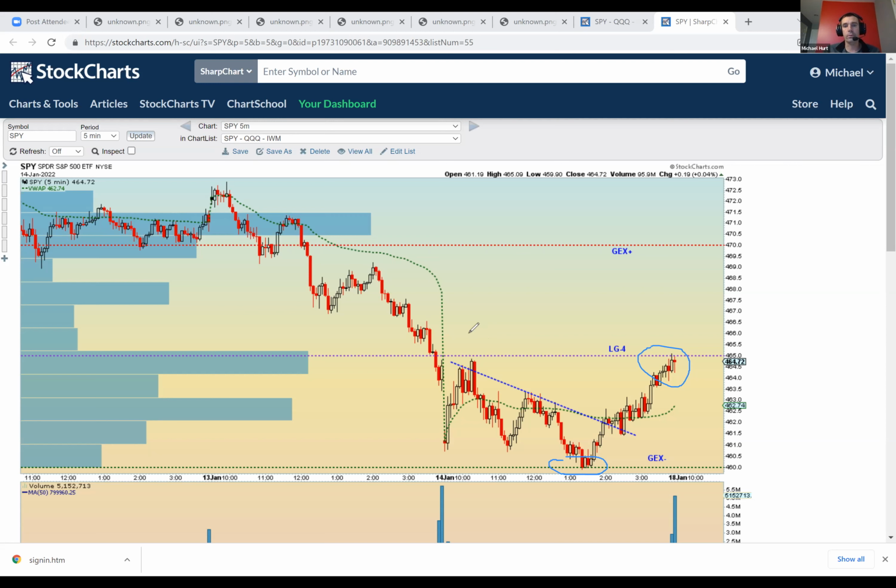But once you reclaim or capture a decent gamma level, then on the psychology side and on the mechanical side, it forces the dealers to react. So I think that's the other part of the GammaEdge, that we know they have to mechanically do something to stay hedged. And I think that's one thing that we can capitalize on moving forward, and what we'll look to exploit for our trades.